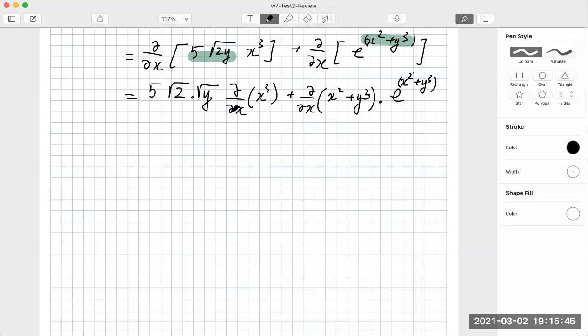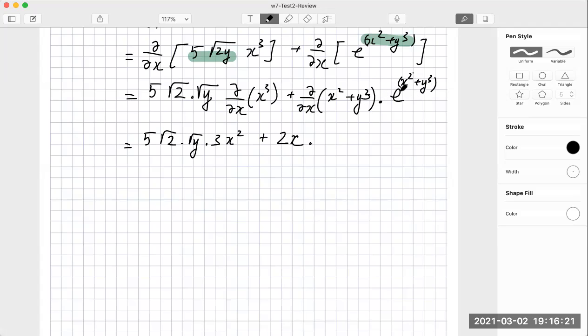Then this guy, derivative of x cubed, what is it? That's right. It is 3x squared. And here, the partial derivative of a sum, y cubed we treat as a constant. So it will be the derivative of x squared, which gives us 2x, and the derivative of y cubed gives us 0, so it disappears.